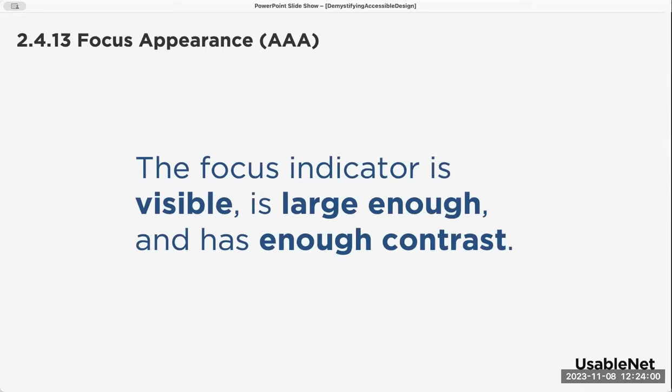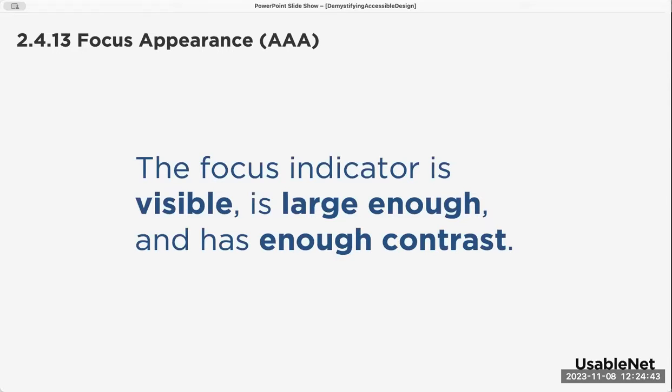Focus appearance is closely related to two other existing criteria: 2.4.7 focus visible, which is level A and essentially requires that a visible focus indicator exists while a component has keyboard focus, and 1.4.11 non-text contrast, which is level AA and requires any non-text interactive element or graphical object to have a minimum 3:1 contrast ratio with its surrounding colors.